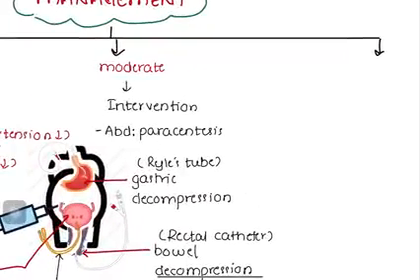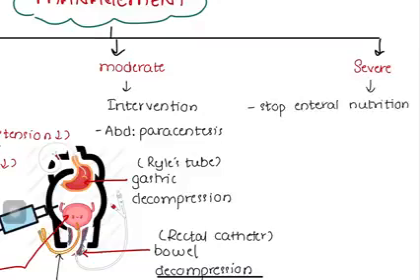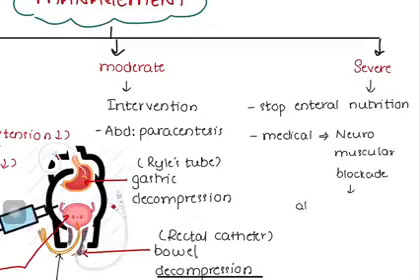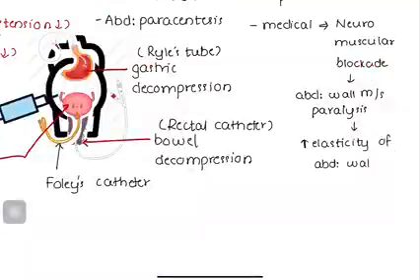In severe cases, consider the following measures. Stop enteral nutrition to avoid GI overload. Temporary neuromuscular blockade to make paralysis of the abdominal wall muscles. This improves the elasticity of abdominal wall and thereby decreasing the intra-abdominal pressure.